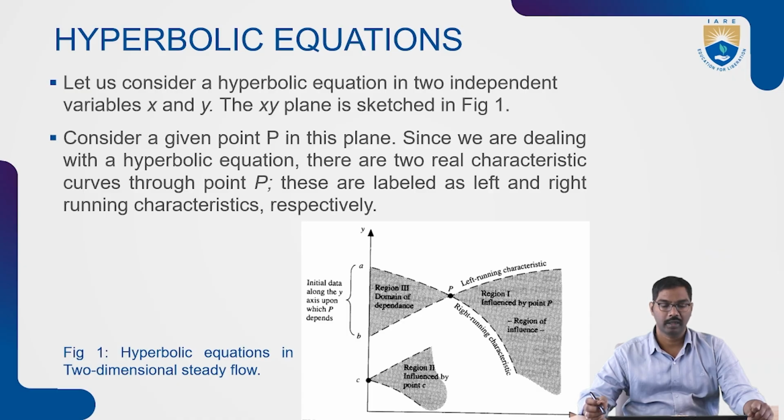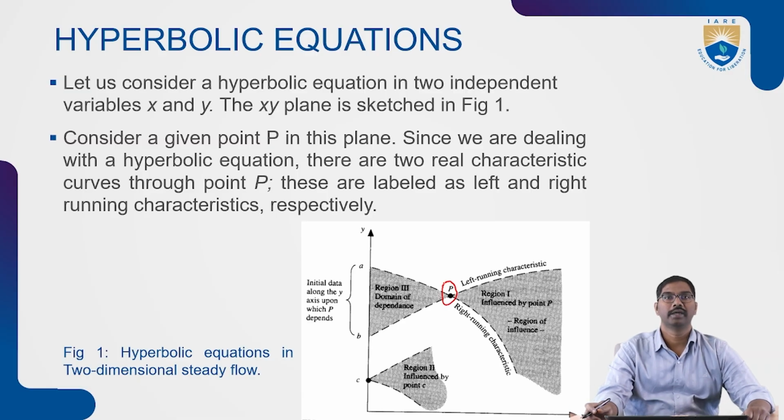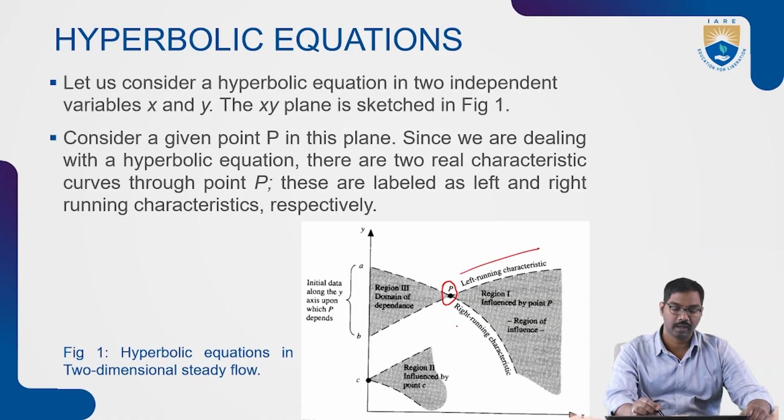In this given problem, we are taking a two-dimensional XY plane domain, and we consider the point P as a solution point. At this point, solving the hyperbolic form of equation gives two real characteristic curves, named the left characteristic curve and the right characteristic curve.